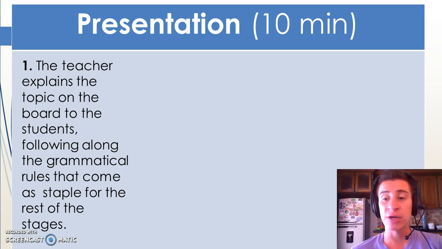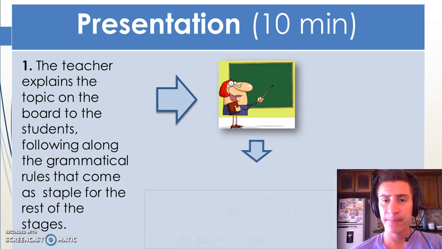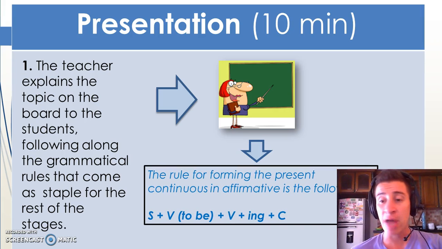Here we have the presentation, which will take about 10 minutes. The first part says that the teacher explains the topic on the board to the students, following all the grammatical rules that serve as a staple for the rest of the stages. So the teacher will be explaining the entire topic and giving the general rule of the subject.